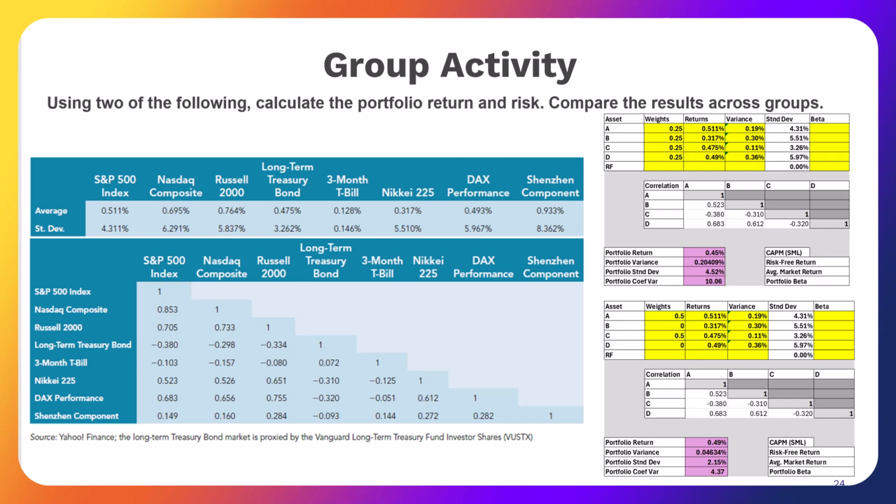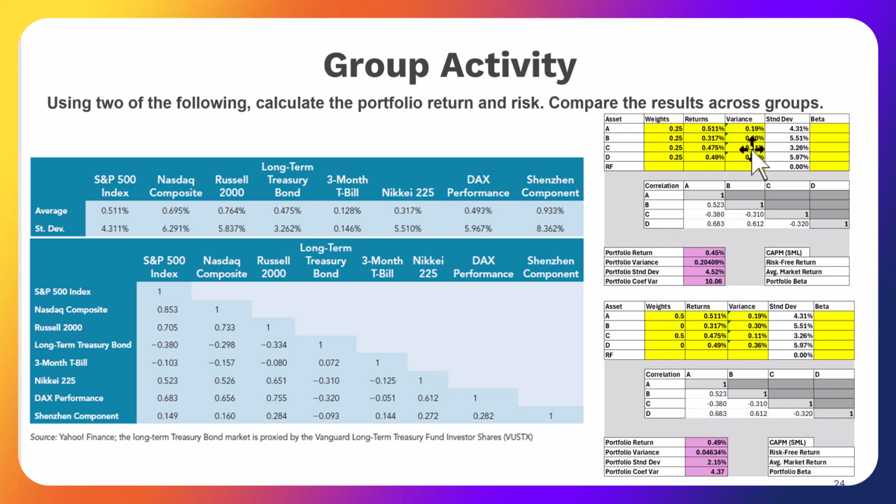So I went to a spreadsheet because the math is a little bit messy to do by hand. And this is the calculate the risk and return worksheet. I have equally weighted 4 assets: the S&P 500, long-term treasury bonds, the German exchange, the DAX performance exchange, and the Nikkei.